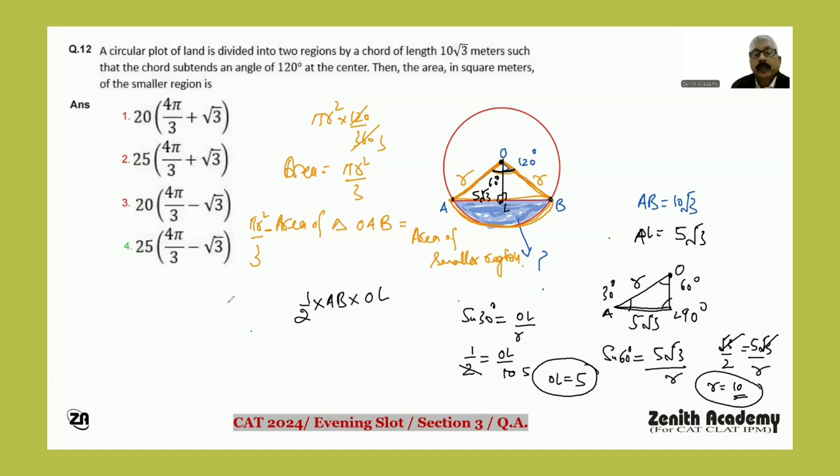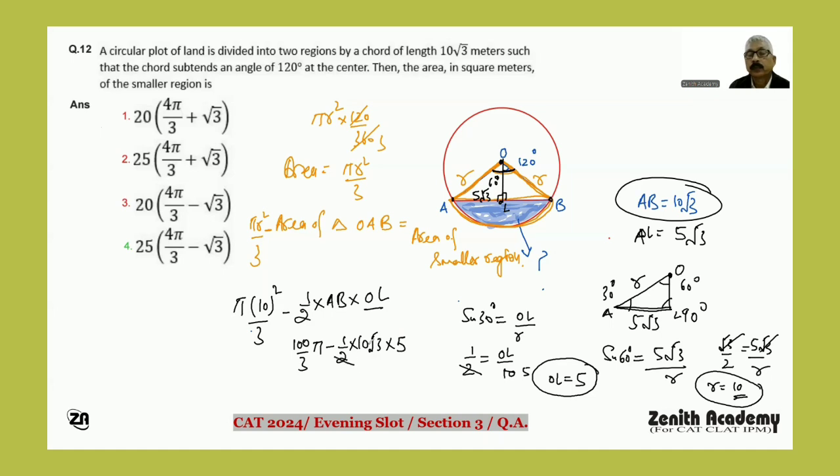So pi r square, pi r square by 3 (10 square by 3) minus 1 by 2 AB OL. This is your answer. So this is 100 by 3 pi minus 1 by 2. AB is 10 root 3 and OL is 5.